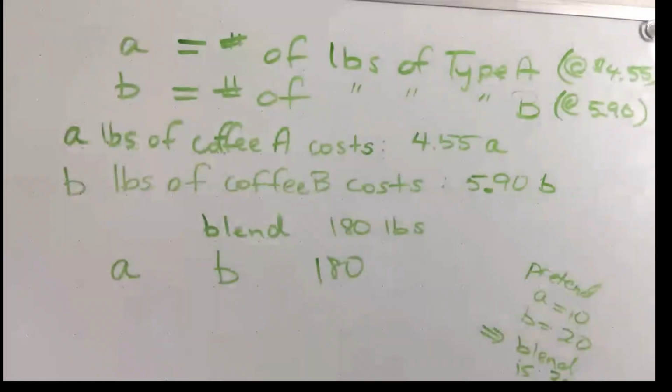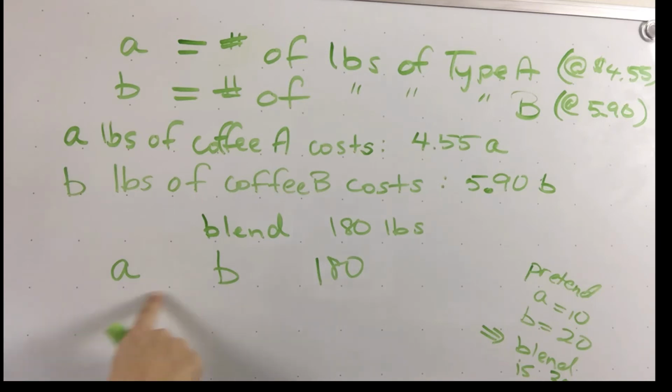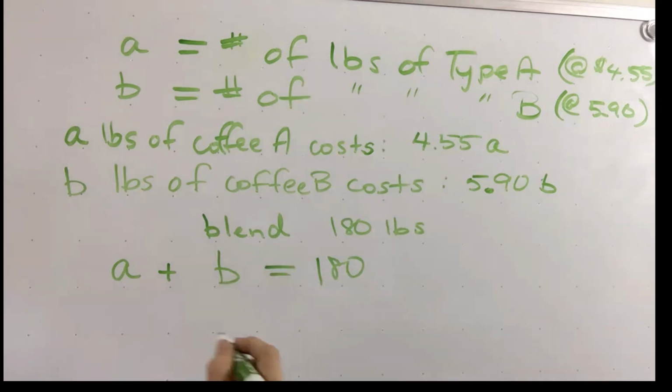So could my answer have been 10 and 20? No. Okay. So what did you do to 10 and 20? I added them. Okay. So what do we want to do to A and B? Add them. We want to add them. And we know the answer is supposed to be 180.